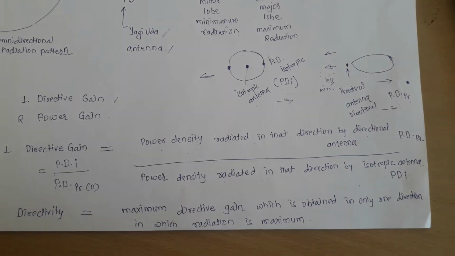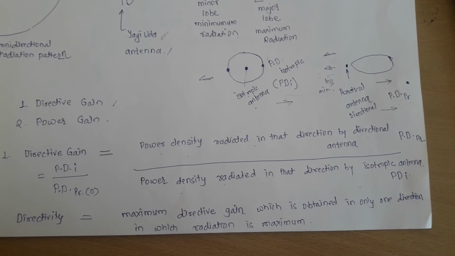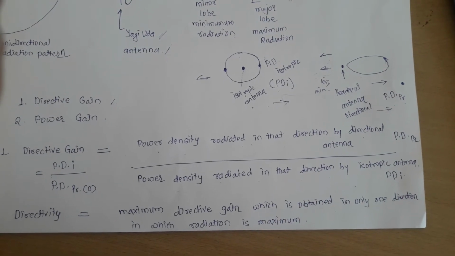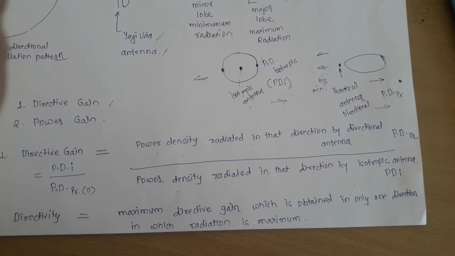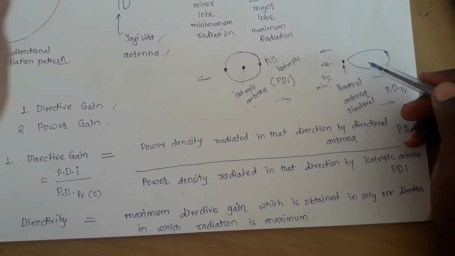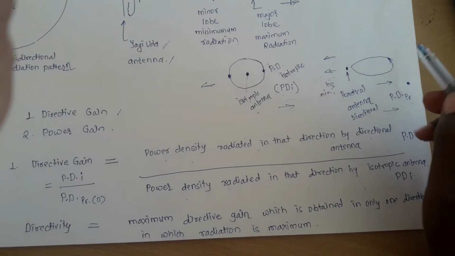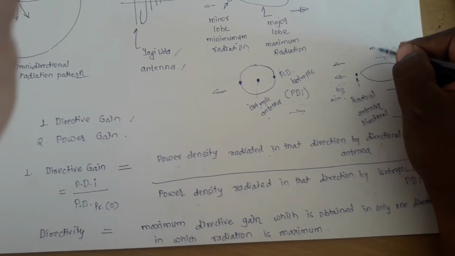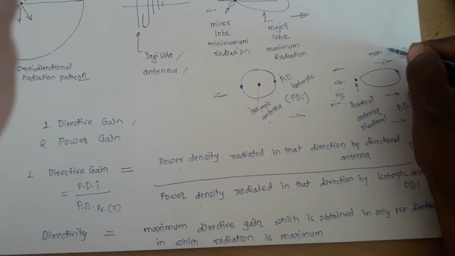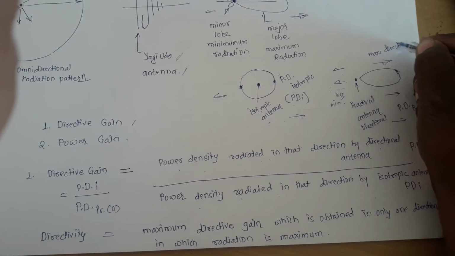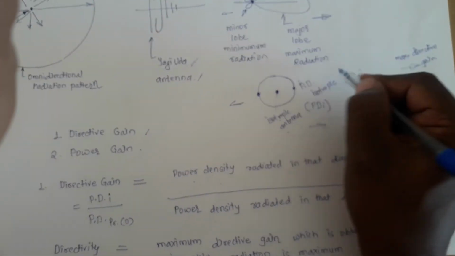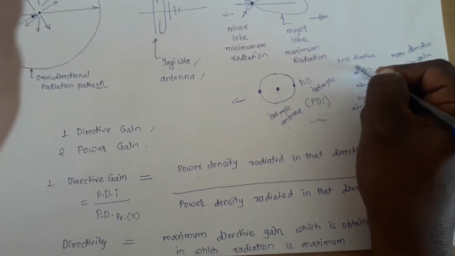While defining directivity, we can say that directivity is nothing but the maximum directive gain, which is obtained in only one direction, the direction in which radiation is maximum. If we take the example of a practical antenna, there is maximum directive gain in this particular direction, and in this direction there is less directive gain.